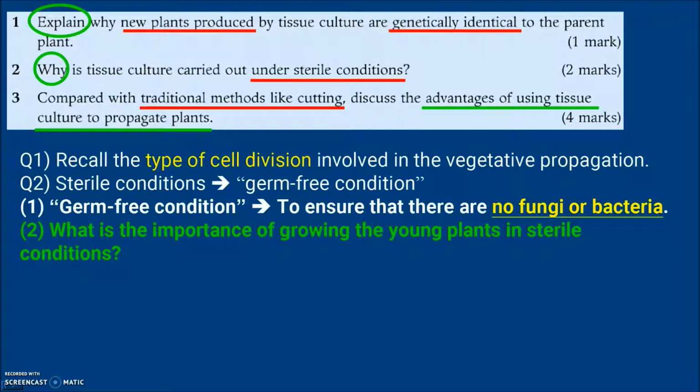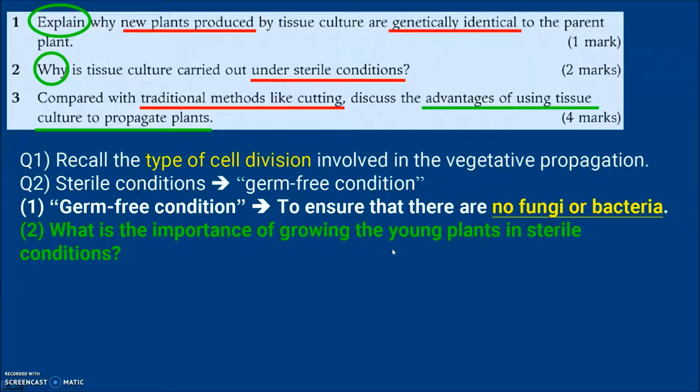Remember that sterile conditions means germ-free. In this case, germ-free means to ensure that there are no fungi or bacteria. That's the first mark. For the second mark, you tell me, what is the importance of growing the young plants in this sterile condition, with no fungi and no bacteria? You tell me the reason.